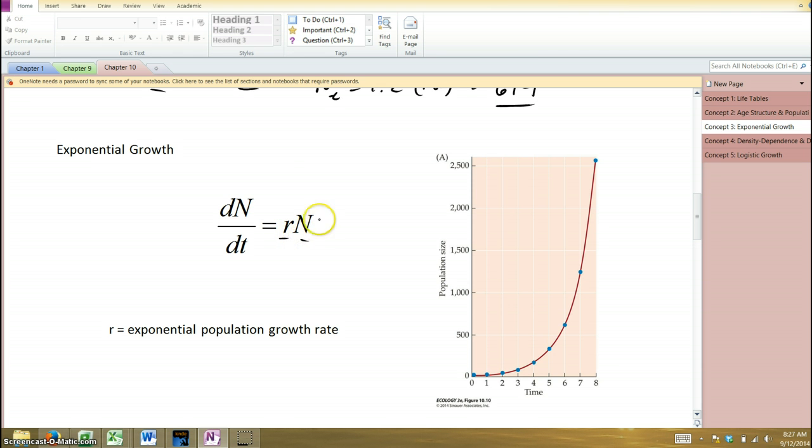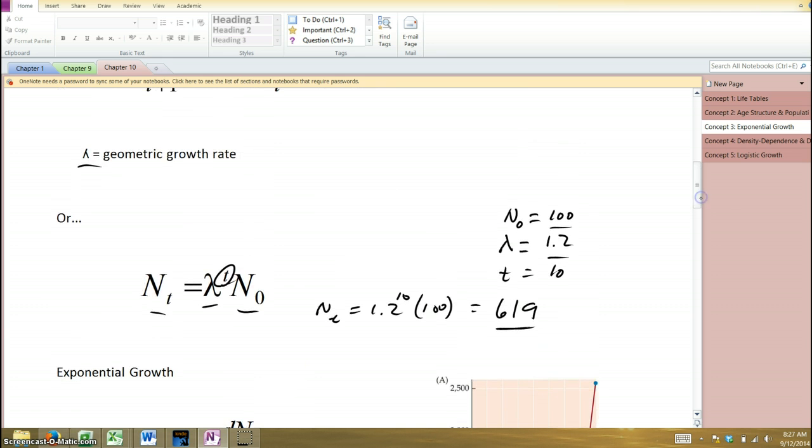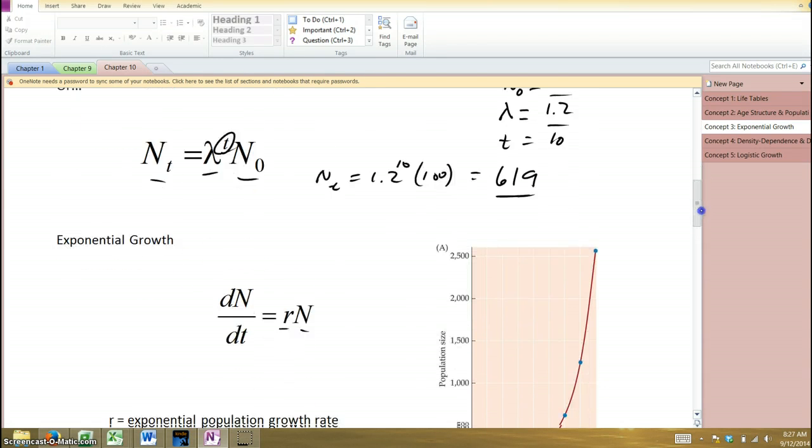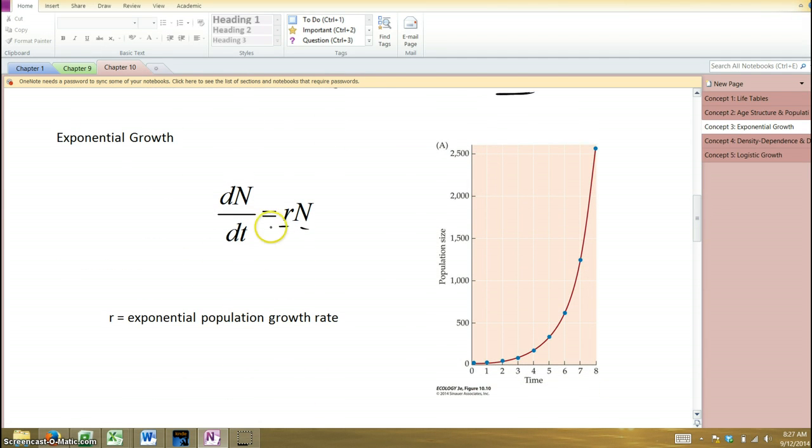Which is based on the value of r, which is the exponential population growth rate. So lambda and r are similar, related variables, but there's a slight difference in that geometric growth is based on very discrete incremental time units, whereas exponential growth is a function that gives you what the continuous or instantaneous rate of growth is.